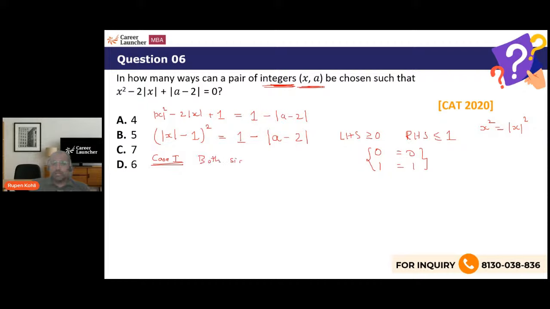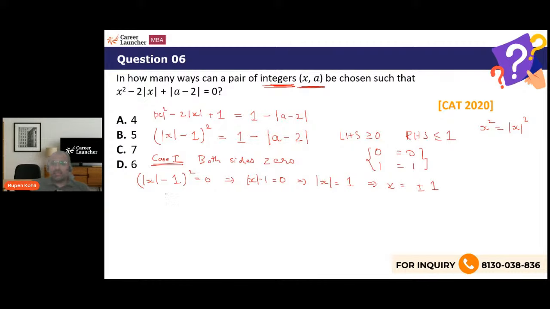So if that is the case, then mod x minus 1 the whole square is 0, which means that mod x minus 1 is 0, because if the square of something is 0, then something is 0. So mod x is therefore 1, which means x is plus or minus 1.